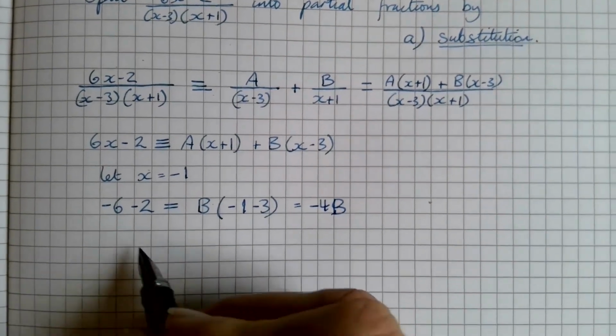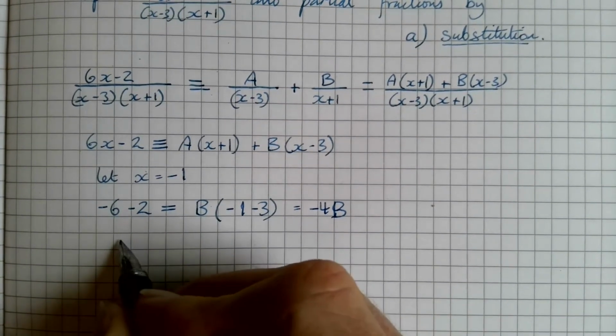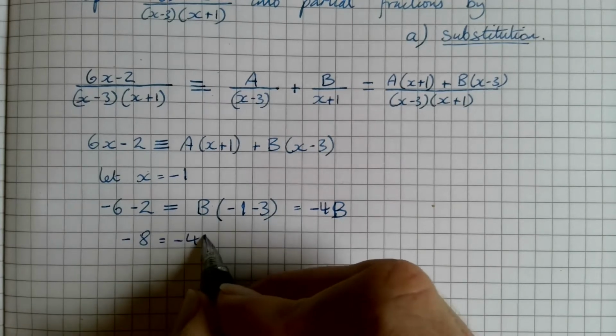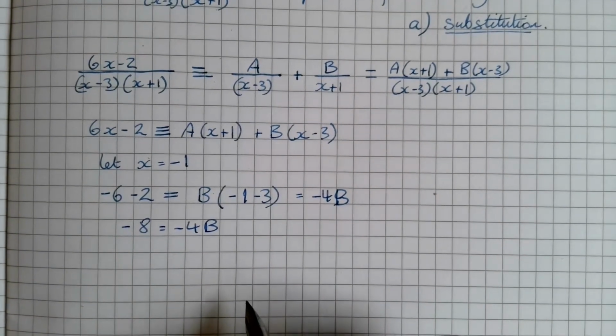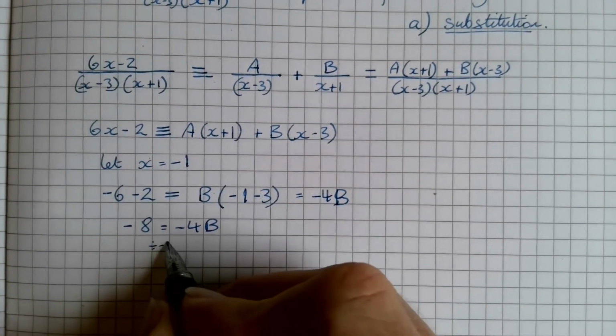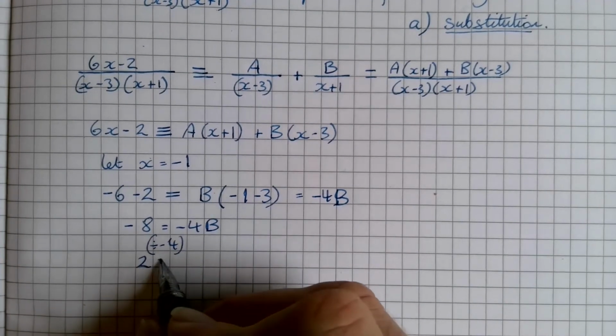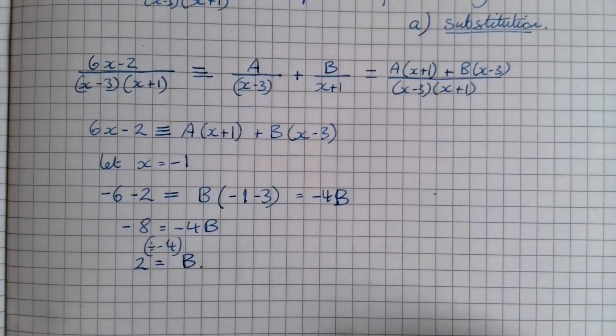Let's write that out again. Minus 6 take 2 is negative 8, is equal to negative 4B. And then I can divide by negative 4, and that will give me 2 is equal to B. That's letting x equal minus 1.